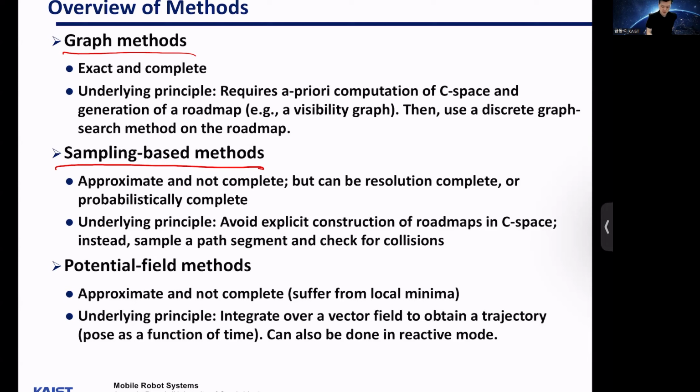The underlying principle is to avoid explicit construction of roadmaps in configuration space. Instead, sample a path segment and check for collisions for path and trajectory planning problems. Potential field methods are approximate and not complete, and suffer from local minima. The underlying principle is to integrate over a vector field to obtain a trajectory. This can also be done in reactive mode.